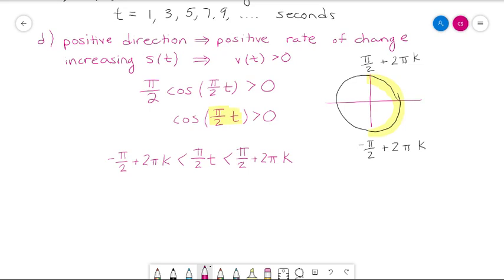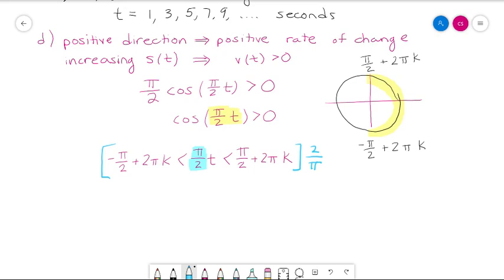So if you remember our strategy for three-part inequalities, we isolate the variable in the middle. So we're just going to get rid of that coefficient, pi over 2. So that's like multiplying everything by its reciprocal. Okay, and look at multiplying all three parts of the inequality. After we distribute, it's like multiplying each term. So we have to multiply 1, 2, 3, 4, 5 terms by 2 over pi.